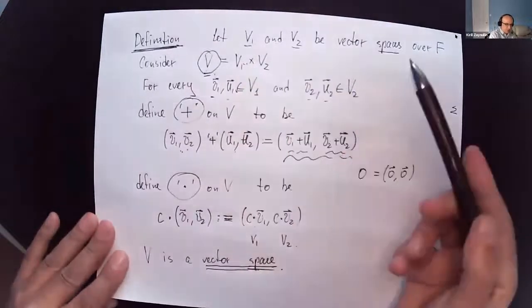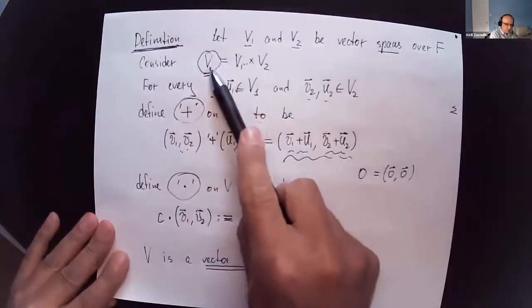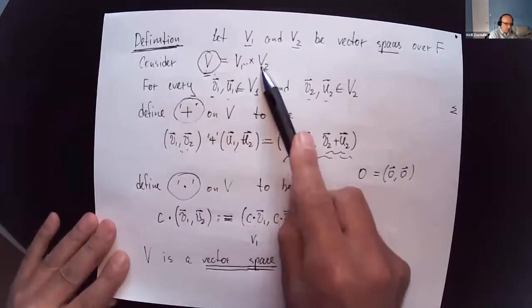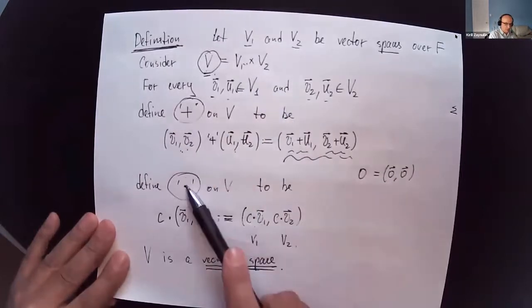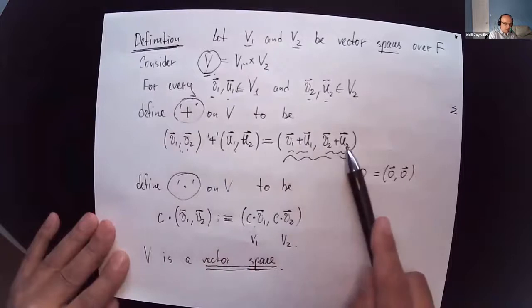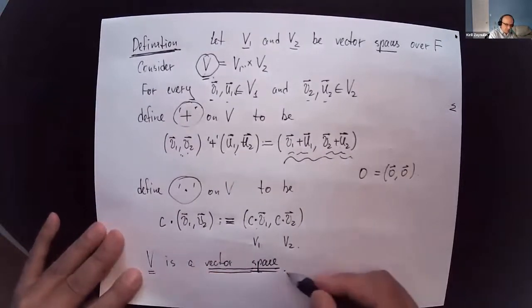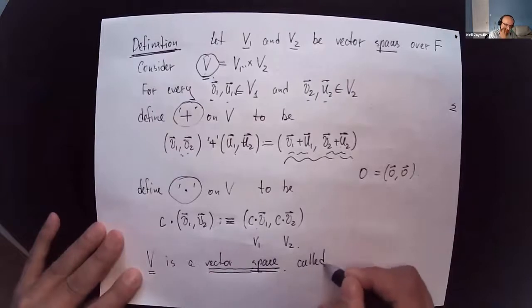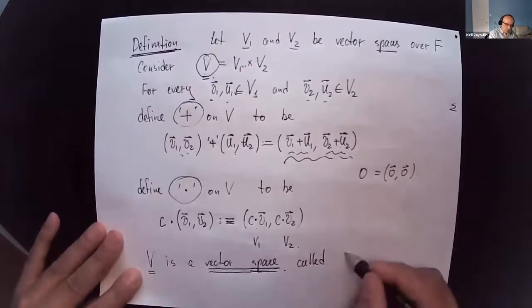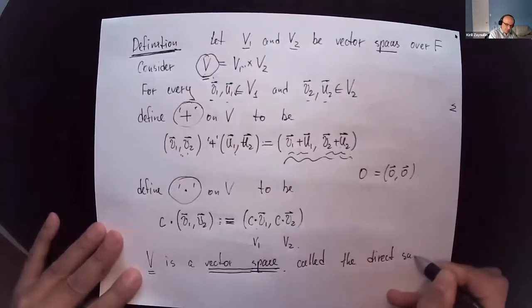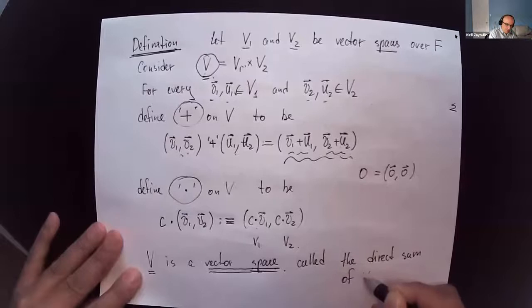So again, if we define our V in this way, just by taking the Cartesian product of two vector spaces, and these operations plus multiplication by scalar in this particular way, then such a V is a vector space called the direct sum of V1 and V2.